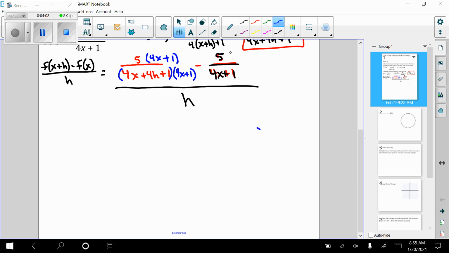And I'm going to take this one times 4x plus 4h plus 1, and this one times 4x plus 4h plus 1.